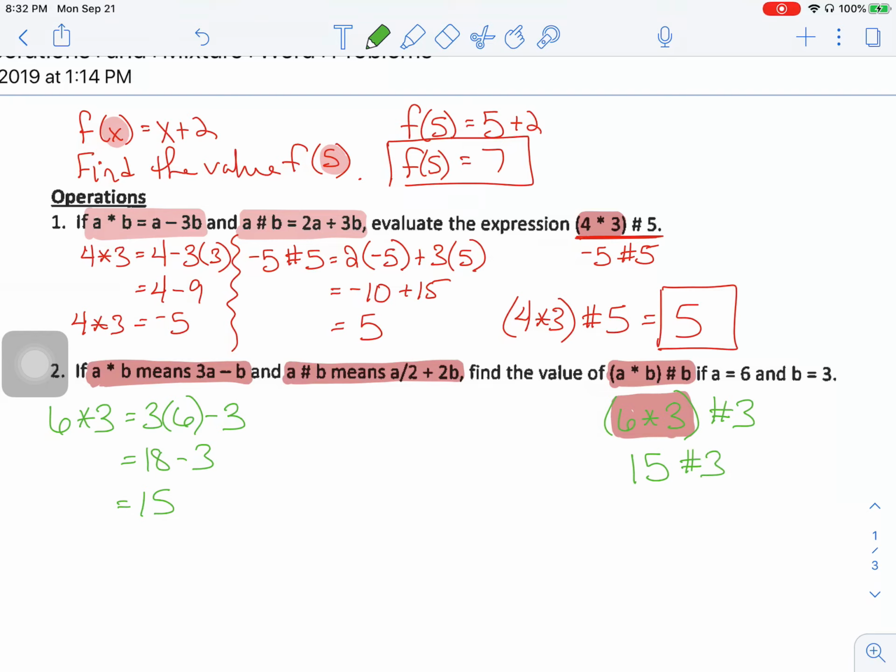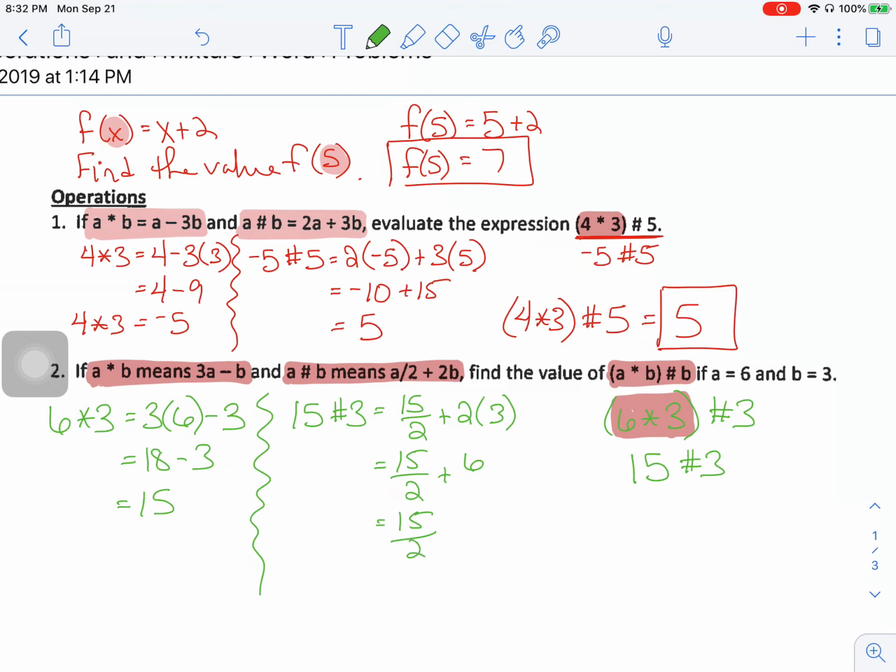Okay. So separately, I'm going to do 15 hashtag 3. So let's see. A is in the first position, that's 15. B is in the second position, that's 3. So this is going to equal 15 over 2 plus 2 times 3. So let's see how good I am at my fractions tonight. 2 times 3 is 6.